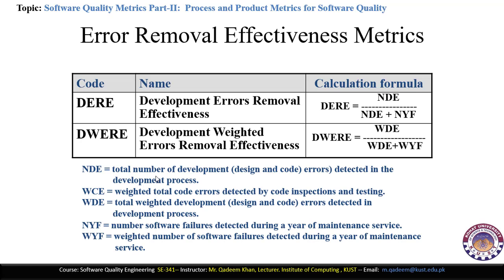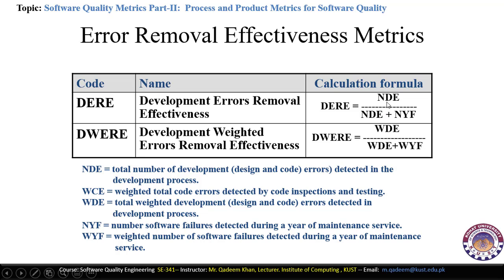Now we have the error removal effectiveness metrics as well. During testing, we remove the errors, and errors are fixed. So we have the DERE metric, the development error removal effectiveness metric. Here DERE is equal to NDE divided by NDE plus NYF.